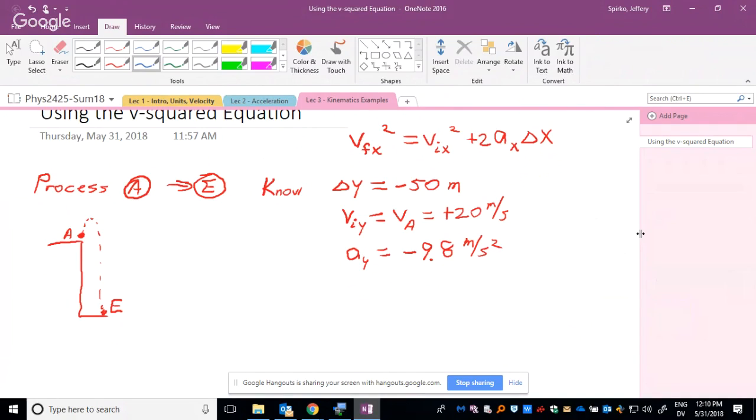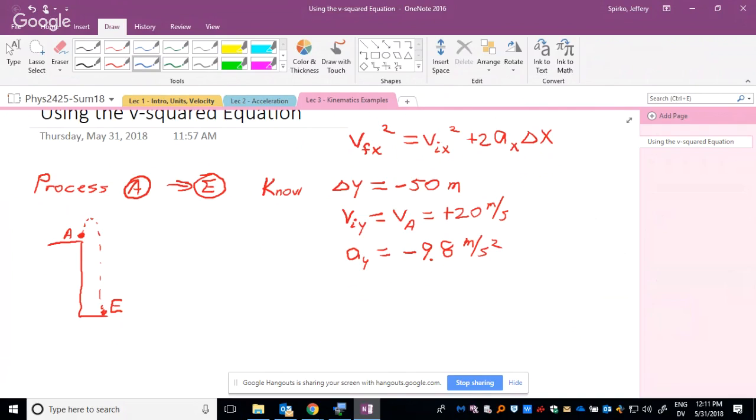So the V squared equation gives us a way to make an end run around solving the quadratic equation. I wrote the V squared equation in terms of x because generically we talk about motion in the x direction. In our specific example, we're moving vertically up and down, so I'm calling everything y's.